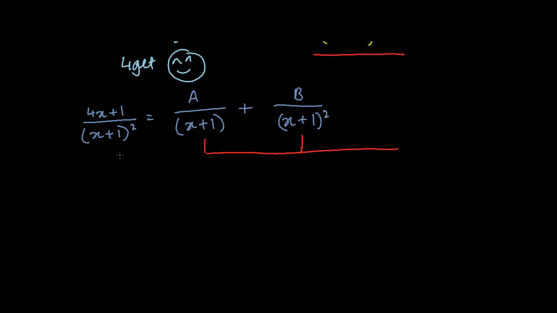Very simply put, we need to get rid of the denominator. But if we put both denominators as x plus 1, then letting x equal negative 1 would give us 0. So what we're going to do is put x plus 1 and (x plus 1) squared. This is what you always do for a whole squared sum.